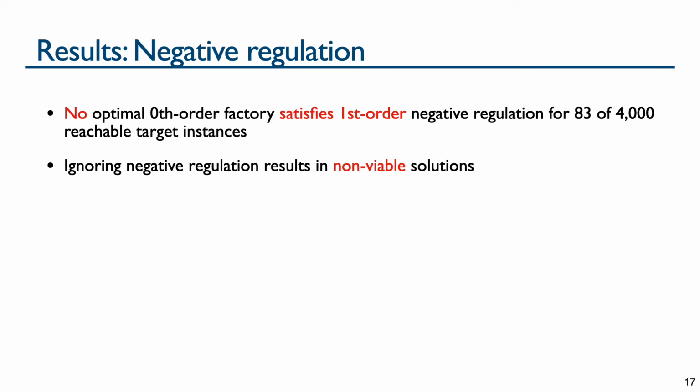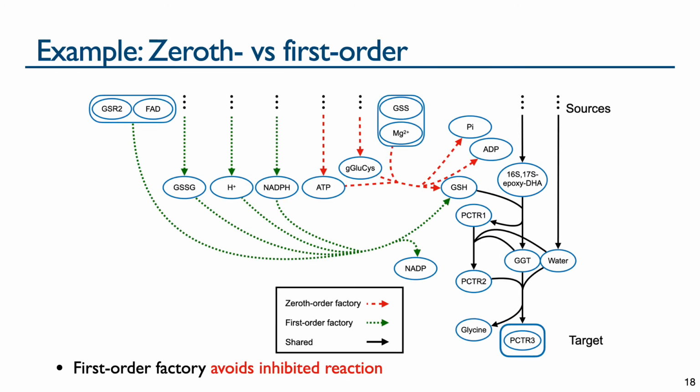To give a more concrete example of 0th and first order negative regulation, we have this example. Here, the 0th order factory has 17 hyperedges, but uses a hyperedge that is negatively regulated by one of its products, GSH. Instead, the first order factory, shown in green, uses 21 hyperedges because it must avoid using the negatively regulated reaction.